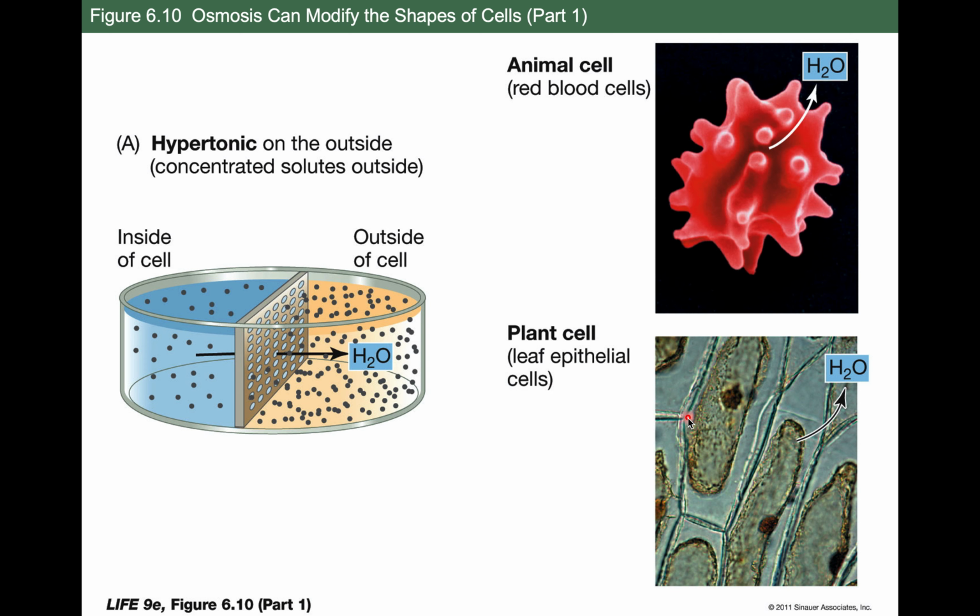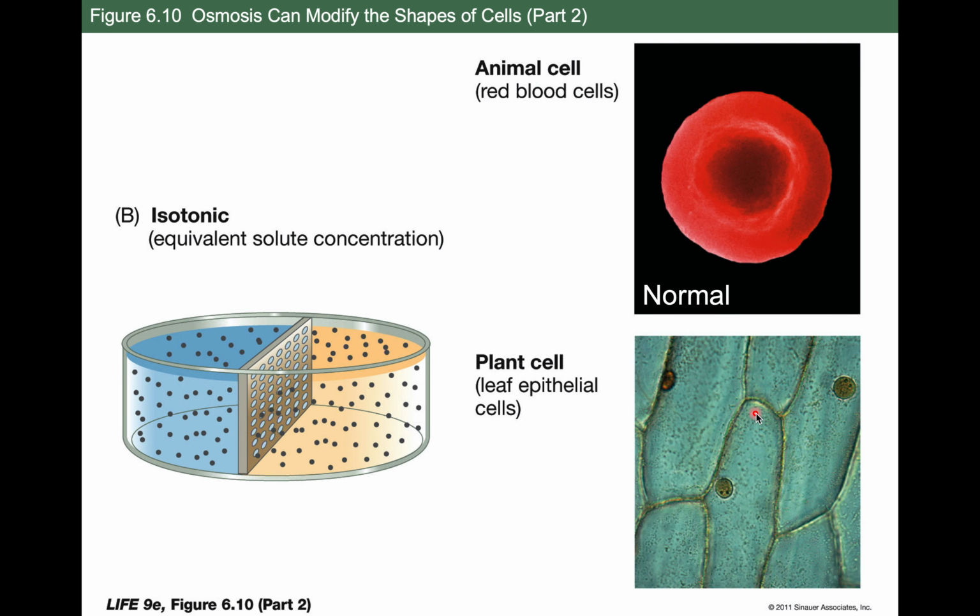In plants, if they are put in a hypertonic environment, again, the same thing's going to happen, right? Water is going to flow out of the plant cells, and you can see the cell wall here is a dark line, and all the interior contents, basically the cytoplasm of the cell, is all pulled away from the cell wall. It's all shriveled up and clumped together in the middle because the cell is just incredibly dehydrated.